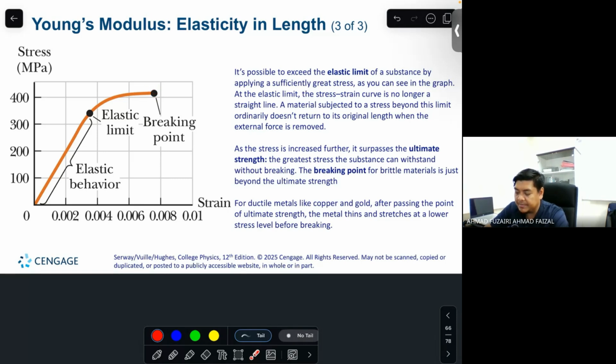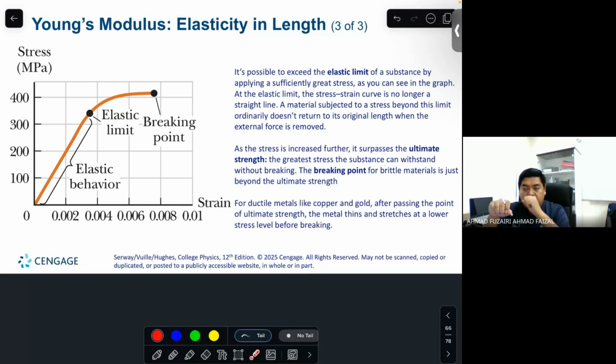After that, what will happen for a ductile material, like copper or gold? Ductile means like a metal, it can be bent, like metal, iron. Wood is not really ductile, but mostly iron, metal. For a ductile material like copper or gold, after passing ultimate strength, the metal thins.